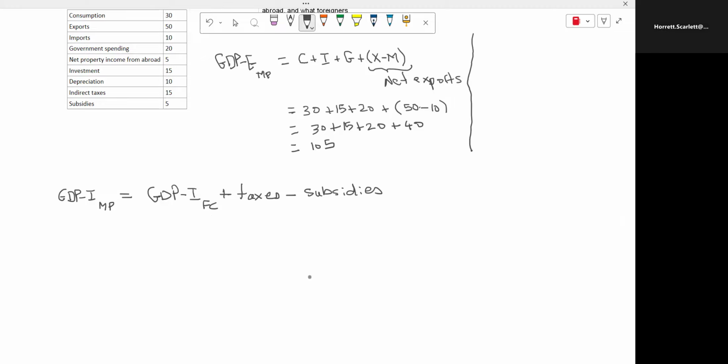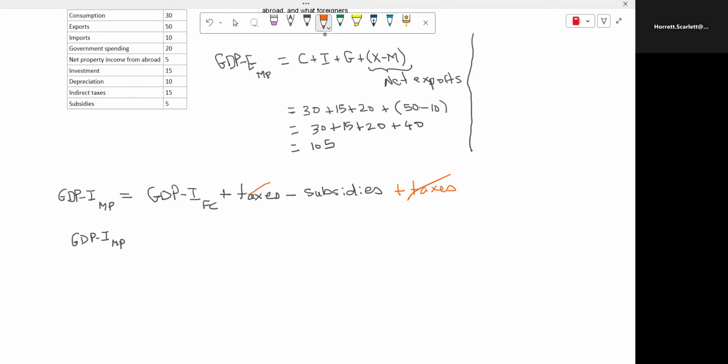So if we're trying to find GDP at factor cost, which we don't know, what we're going to do is move everything over. So we have GDP at market prices. And then we want to remove taxes and subsidies from this side of the equation. So in order to remove it from this side of the equation, it means that we need to add taxes.